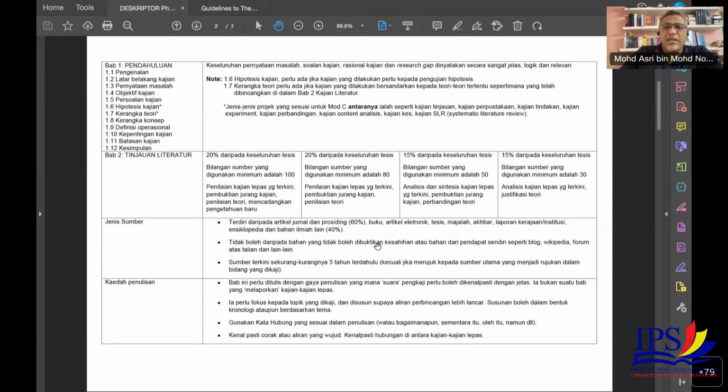But you don't have enough space and time to discuss everything in chapter 2. So basically you should be focusing on the topic that you are going to research in your chapter 2, rather than talking about almost everything, right? If you're doing leadership, for example, you can't be writing about everything under leadership.